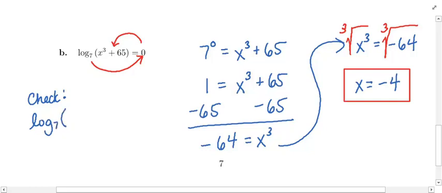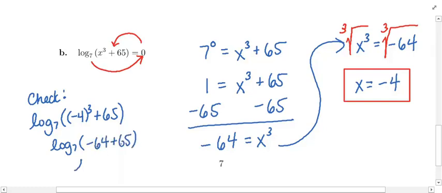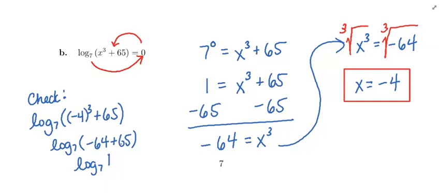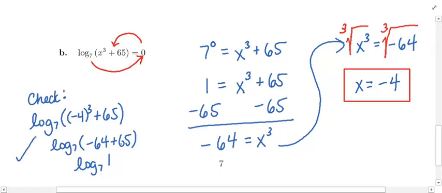We get log base 7 of -4 cubed plus 65. Simplifying inside the parentheses, -4 cubed is -64 plus 65, so we'd be taking the logarithm base 7 of the quantity 1. That's okay. If you plug in -4 for x, you're not going to get an error. So -4 is indeed the solution.